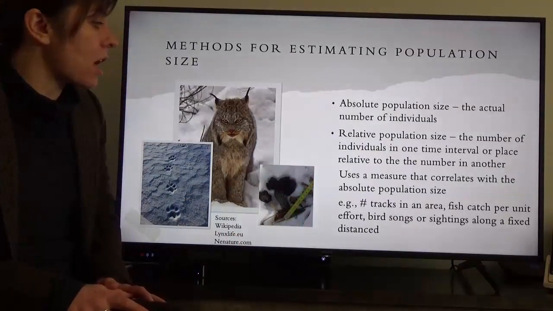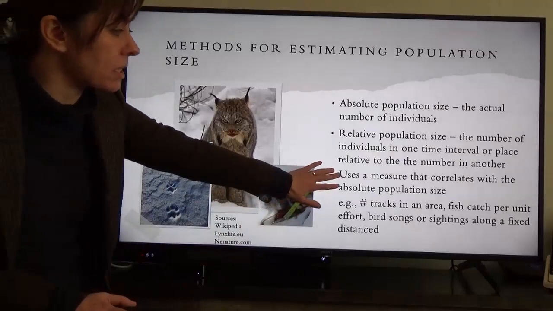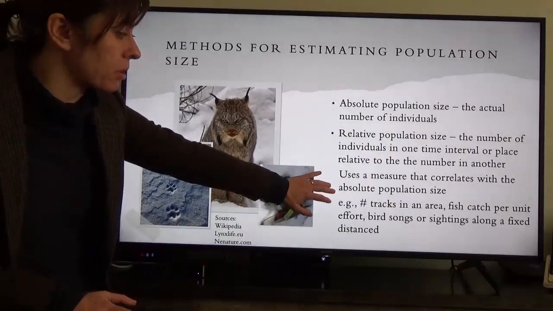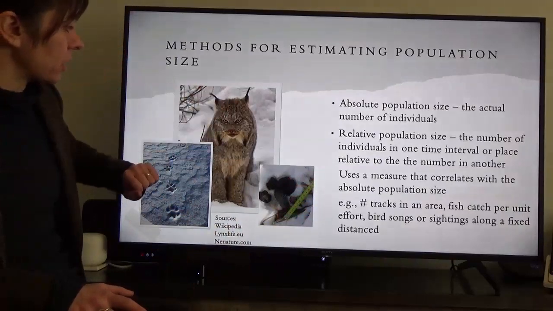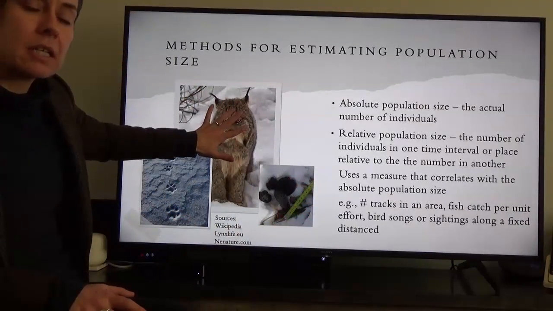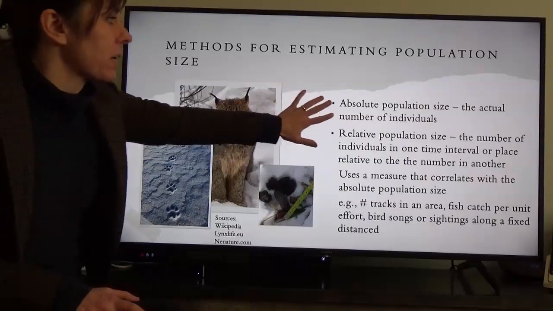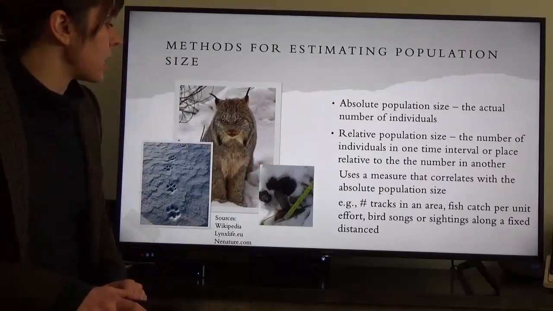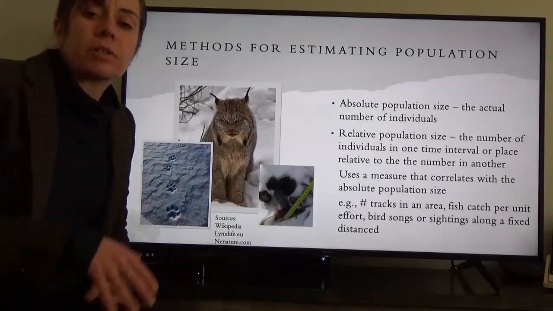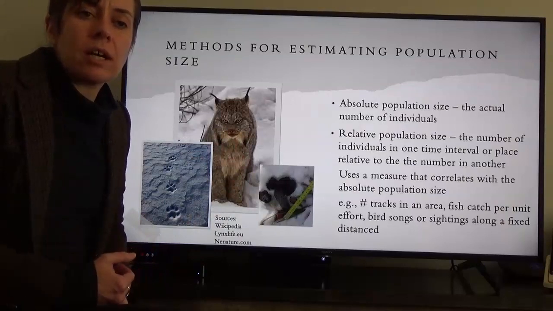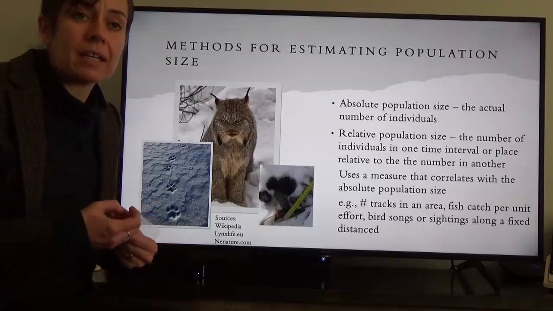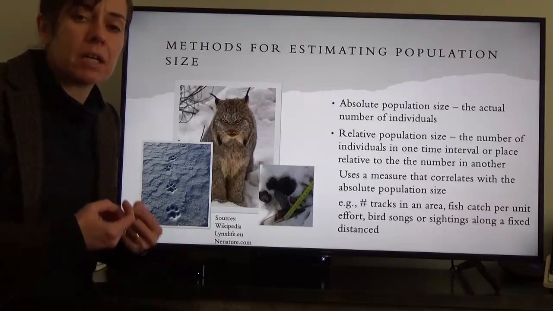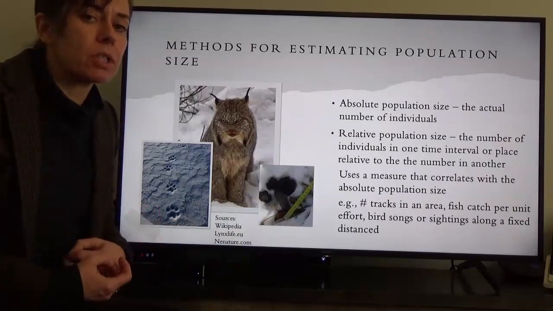A lot of times what we use is measures that correlate with the absolute population size. Here we have a beautiful Canada lynx. If you were estimating absolute population size, you might put colors on those and do some kind of tracking of individuals, some kind of mark recapture, which we'll learn about.